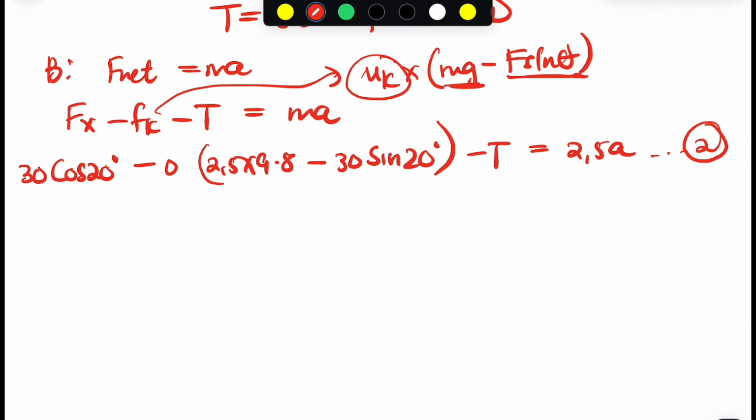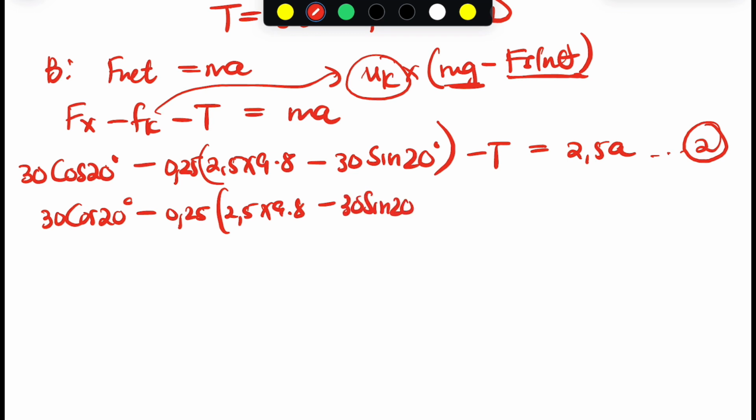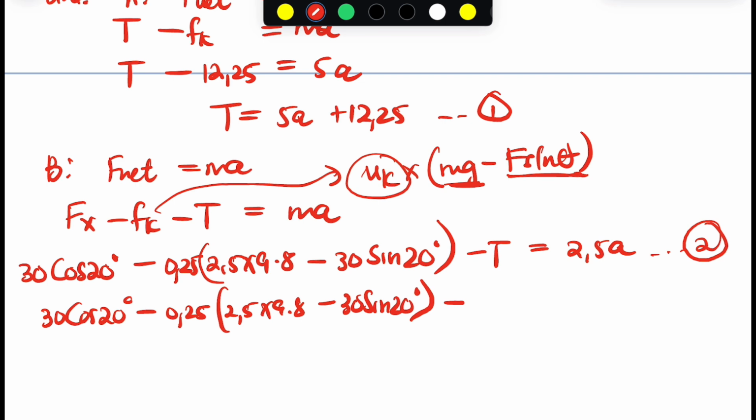So it's 0.25 times that. So when we substitute, it's going to be 30 cos 20 minus 0.25, I'm rewriting it again, 2.5 times 9.8, minus 30 sine 20, and minus the T.